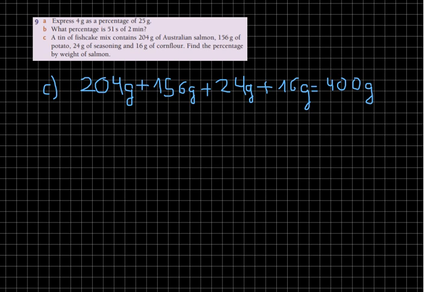Now, they're asking us about the percentage by weight of salmon. Alright, so here we're going to make a fraction where the numerator is going to be the part of salmon and the denominator is going to be the total, that is 400 grams.